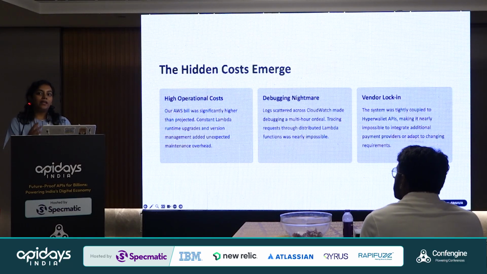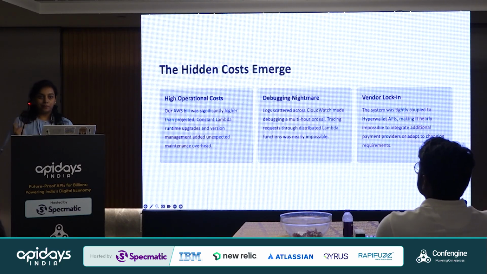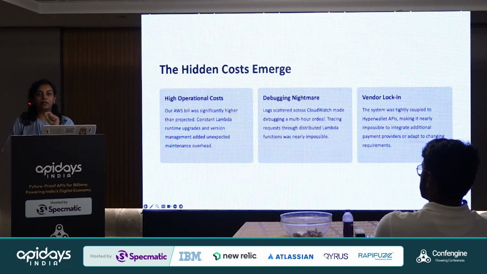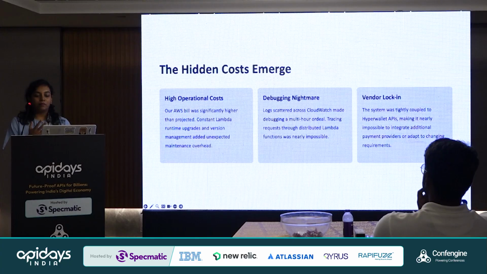We had to get data from multiple sources to debug one particular flow. For a particular order, if the payout failed for some reason, we had to go through multiple dashboards and multiple systems just to figure out what the error was. This also caused a lot of uncertainty and created a risk for us.